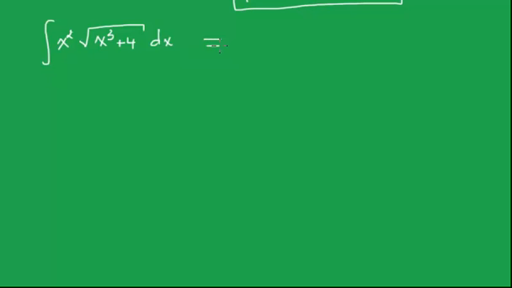Here I'm going to rewrite this integral as x squared times (x cubed plus 4) to the power of 1/2, because we had the square root of x cubed plus 4. So I just replace the square root with the power of 1/2.